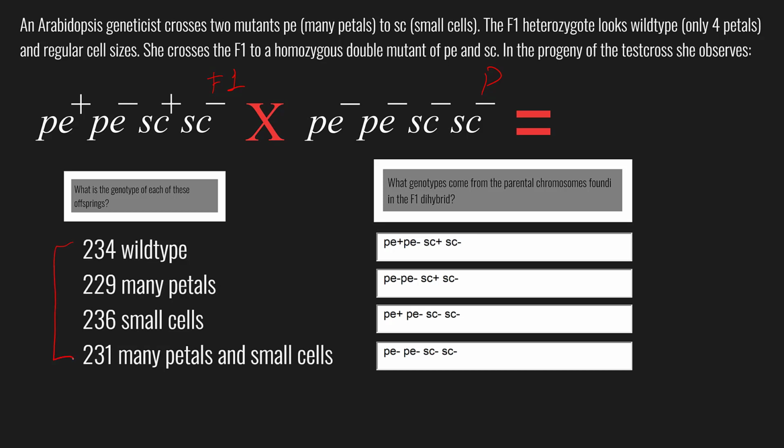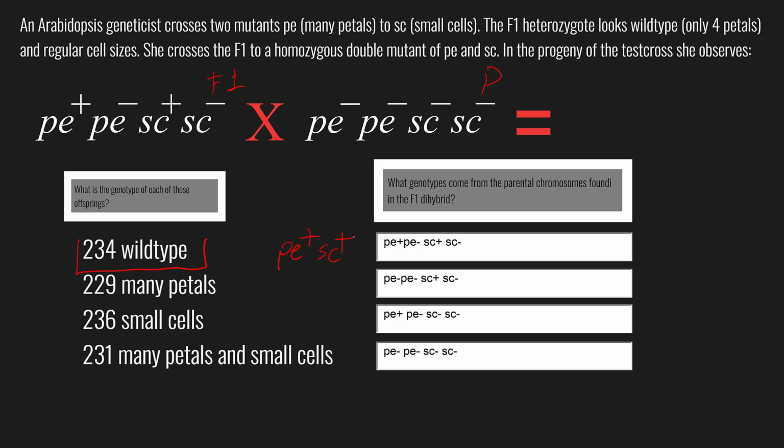And in that set of phenotypes in this table, we have information on what was the contribution of the hybrid parent. For example, if we have wild-type individuals, the contribution of the hybrid parent must have been PE plus and SC plus.